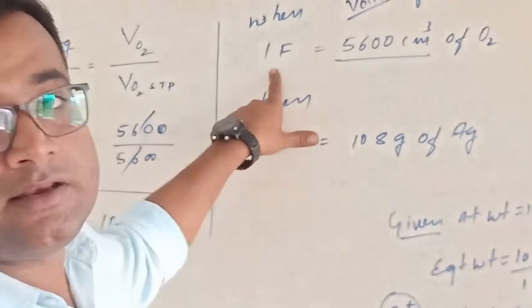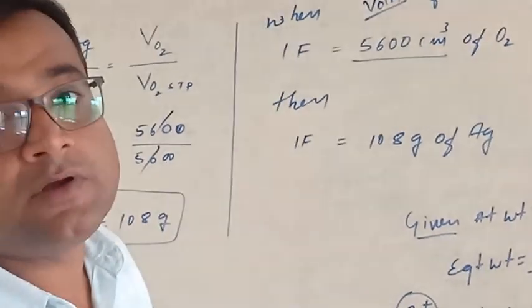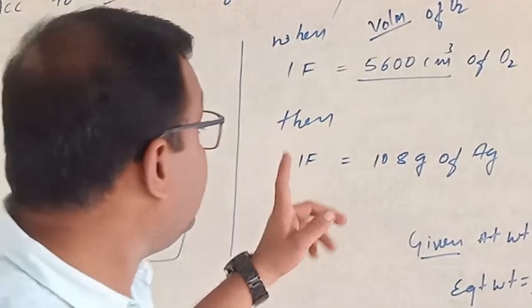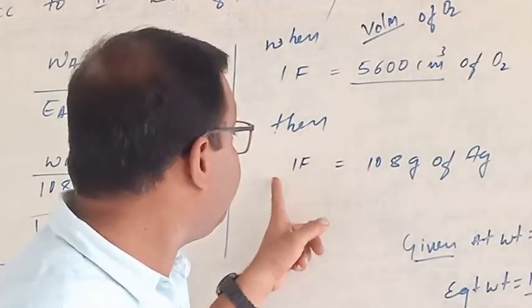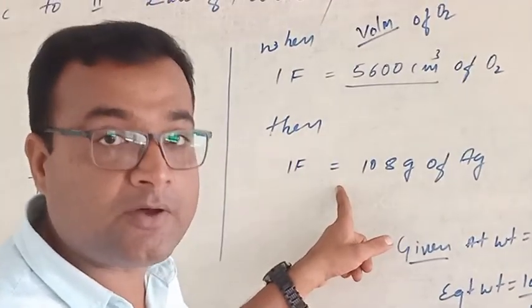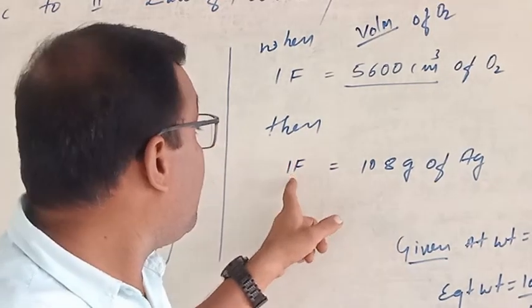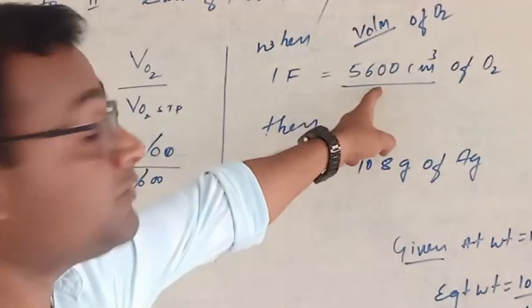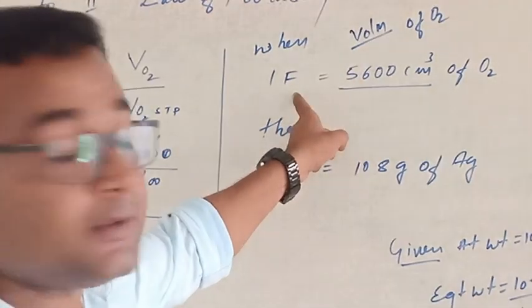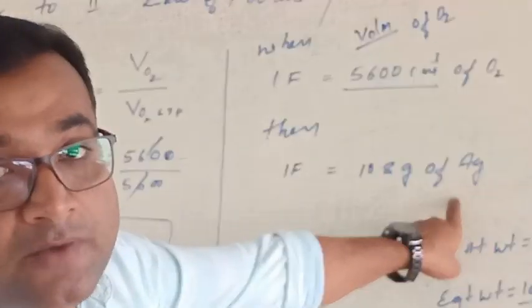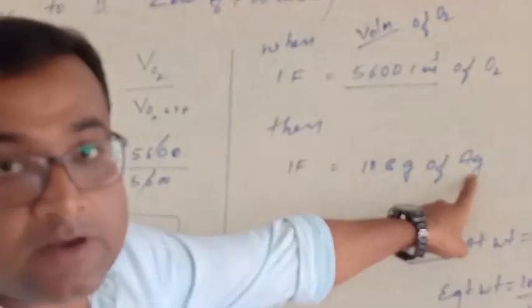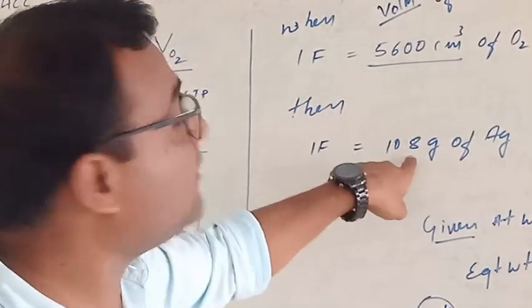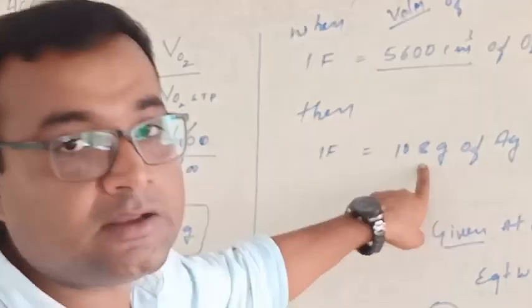And when 1 Faraday of current flows, 108 gram of silver is deposited. So for 1 Faraday of current, that much mass is deposited.